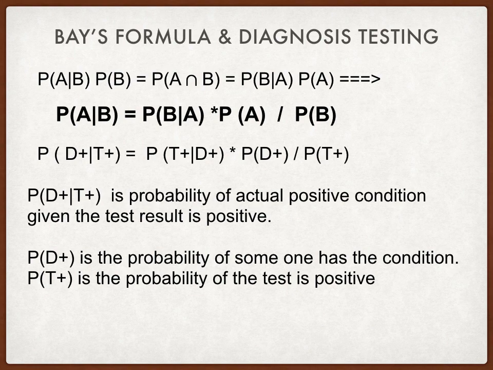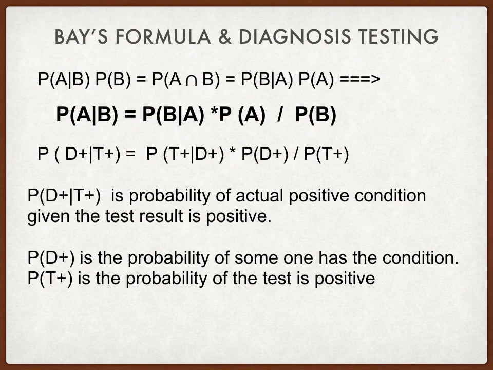So P(D+ given T+) is the probability of an actual positive condition given the test result is positive. P(D+) is the probability of someone having the condition. Probability of the test being positive is shown by P(T+).